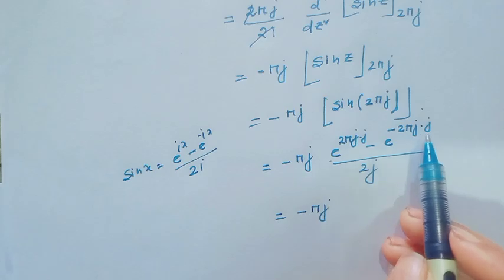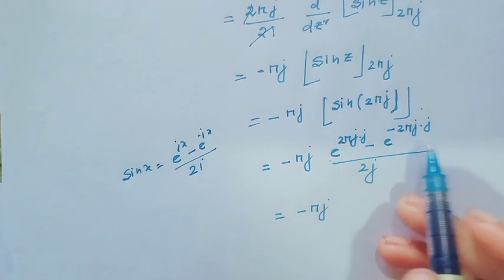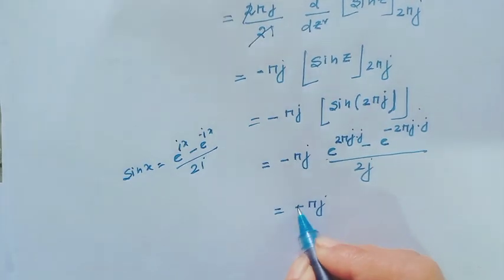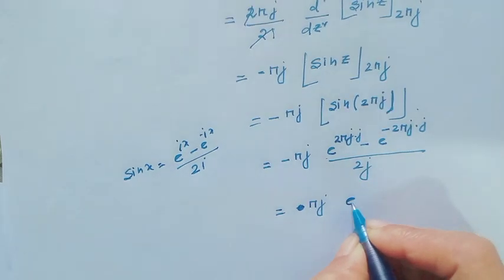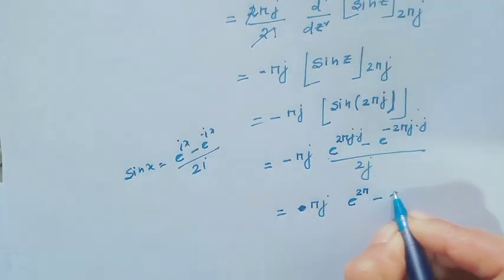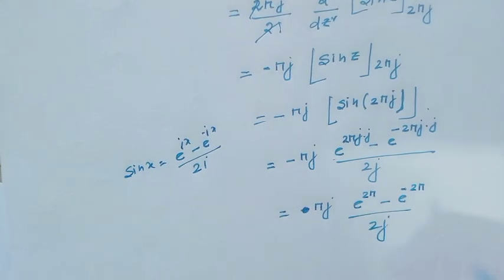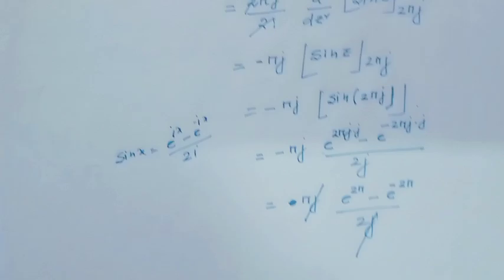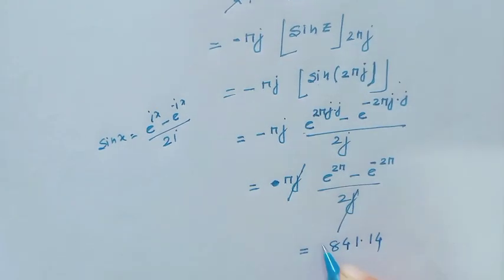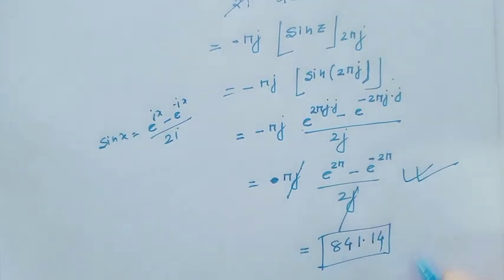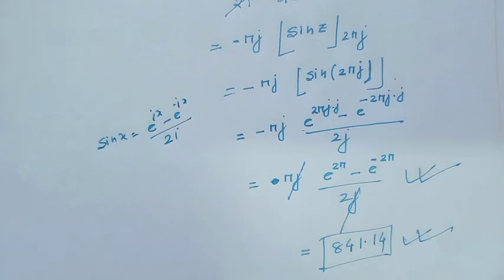If you include the minus pi here, this value would be e to the power 2 pi minus e to the power minus 2 pi over 2j. Here j and j would be cancelled, so if you calculate this value, it would be 841.14. This is the numerical question which came in the GATE 2016 exam.